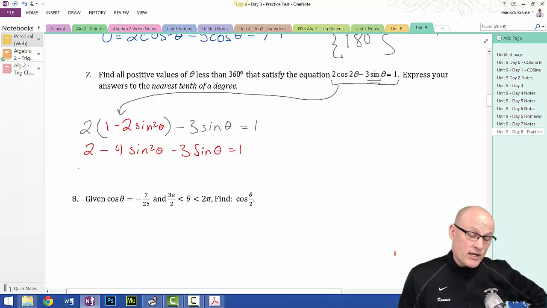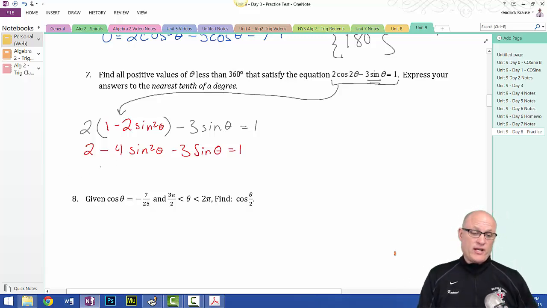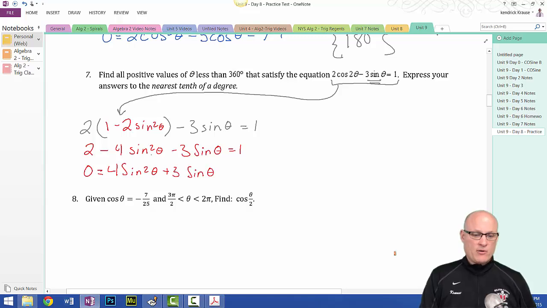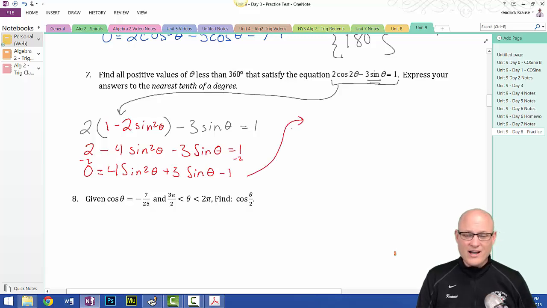Everything needs to go to the right side because my squared term is negative, so I'll put my 0 on the left. 4 sine squared theta plus 3 sine theta. Now when I bring this 2 over, I'm going to subtract 2, so I get minus 1. Oh, 1. I love when it's 1. It makes my life so easy.